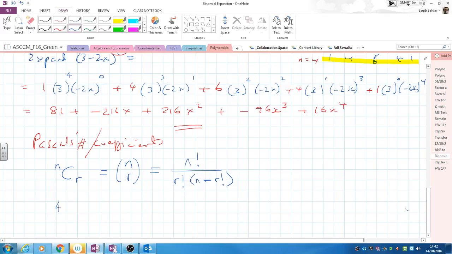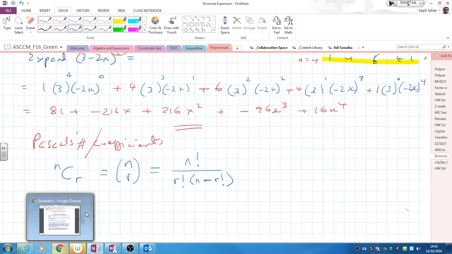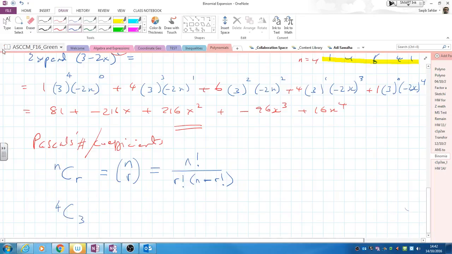So if I had to work out 4C3, is that correct? Sorry. If I want to work out this number 6, what term number would that be? Not the third. We start counting from 0, 1, 2.